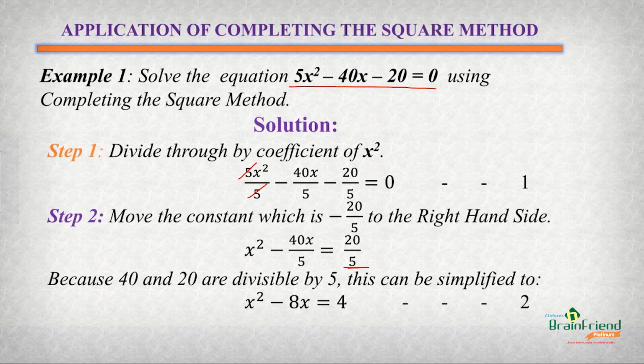And that's why minus 20 divided by 5 has become 20 divided by 5. Because 40 and 20 are divisible by 5, this can be simplified: 40 divided by 5 will now become 8x, and then 20 divided by 5 would be 4. So our equation becomes x squared minus 8x is equal to 4. Let's call that equation 2.